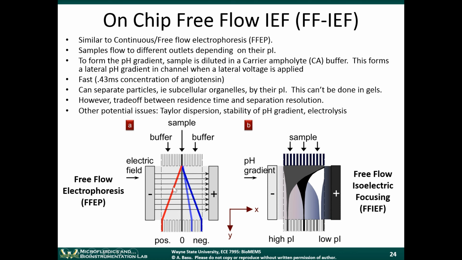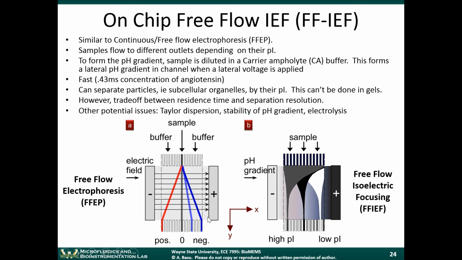So these samples are going to move in the direction of pressure-driven flow, of course, from top to bottom, but they're going to migrate laterally simultaneously, also due to electrophoresis. They'll stop migrating once they get to their isoelectric point.